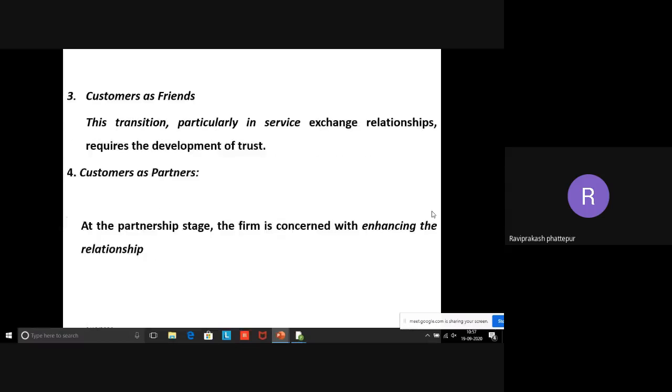Next is customer as friends, where we are knowing more about the customer and giving him the services as per his requirement. And the last one, partnership stage, where the relationship is enhanced to the next level, where a tailored service delivery can be employed for specific customers, where he feels delighted that he is a customer of our company.